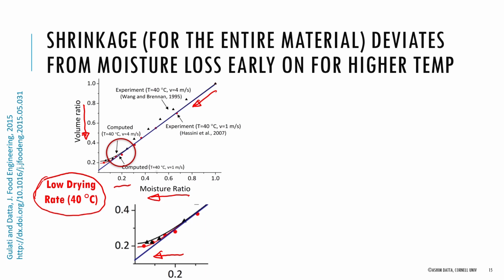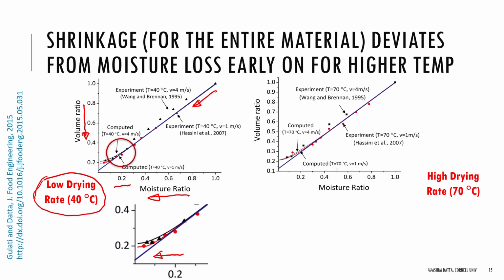In contrast, at this higher rate of drying at a higher temperature, the surface dries out much quicker, and therefore it enters the glassy state, while the core still has quite a bit of water and stays rubbery and therefore soft.